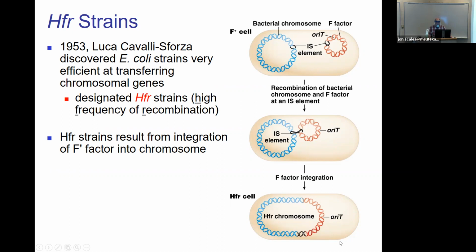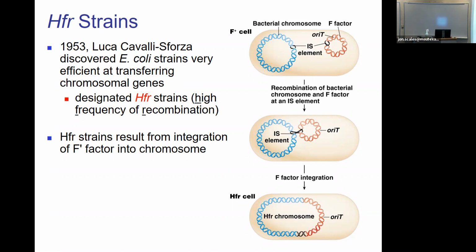So these cell lines were called high frequency of recombination, because they would cause the transfer of bacterial genes from one bacterium into another bacterium, and recombination would cause the recipient to change their phenotype. So what they were seeing was they could have a donor cell, an HFR cell, let's say had the resistance to an antibiotic, and they could have a recipient cell that would be killed by that antibiotic.